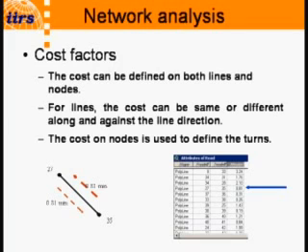The cost on nodes is used to define turns. Turns also play a very important role in network analysis. For instance, if you talk about the road network in India, we cannot turn right at a crossing or in any area, because it is not allowed.